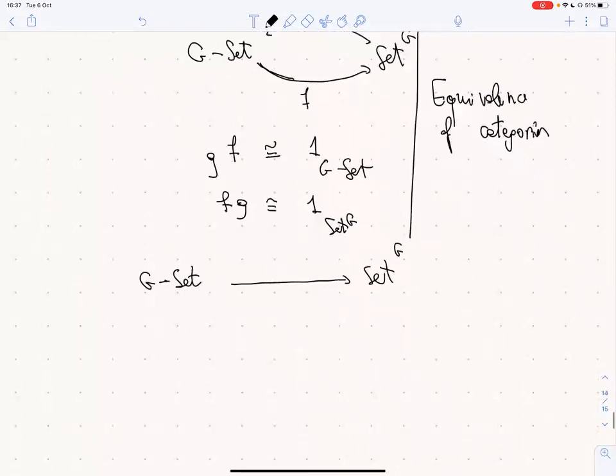So this means that we have an X together with an action of G. Yes? Now, which functor would you choose? I will give you 10 seconds to think about it.